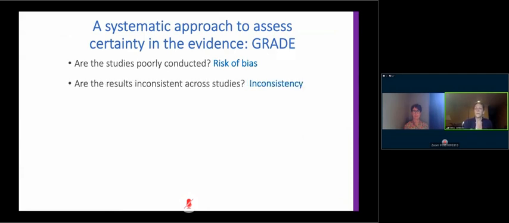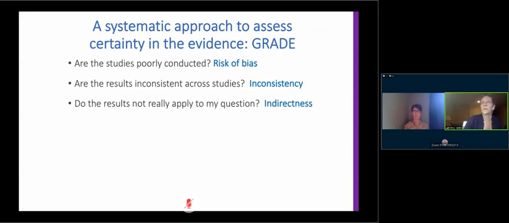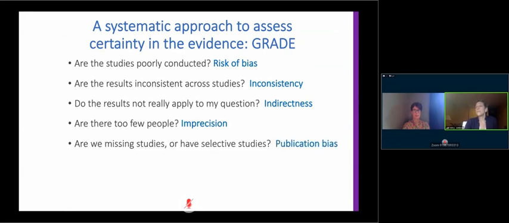inconsistency of those results, the indirectness, the applicability of that question and the results that you found, imprecision, how many people were in the results in the statistical analysis or in your narrative synthesis. Are we possibly missing some studies?